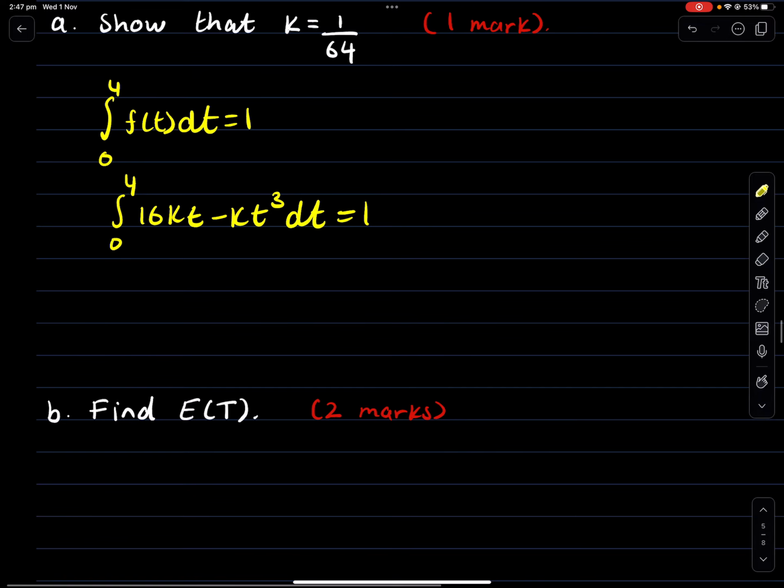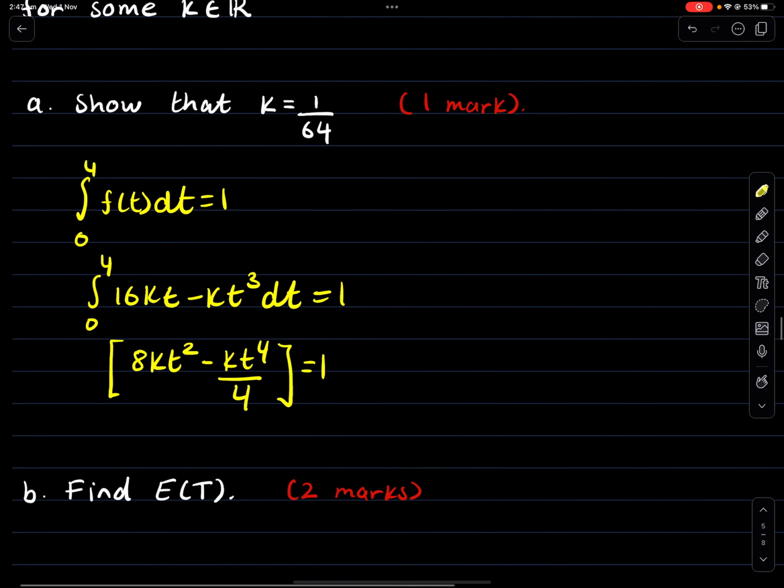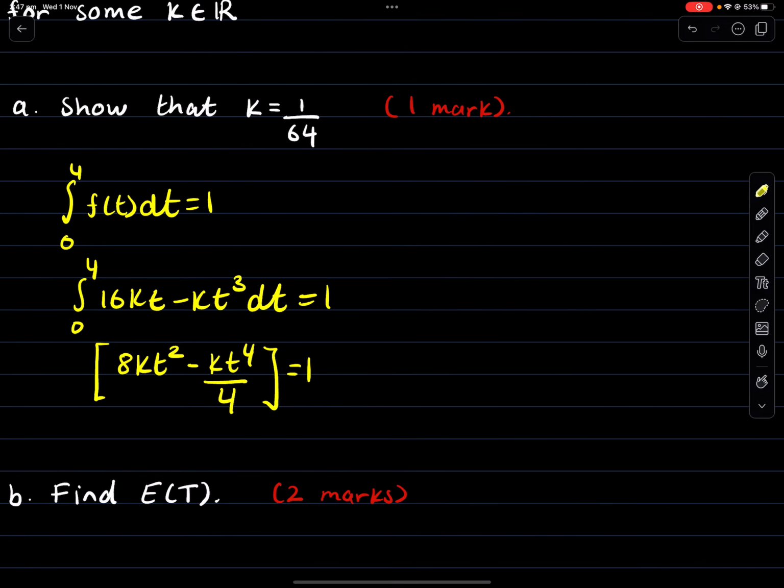So doing that, that'll be 8kt squared minus kt to the power 4 over 4 should equal 1, from 0 to 4.